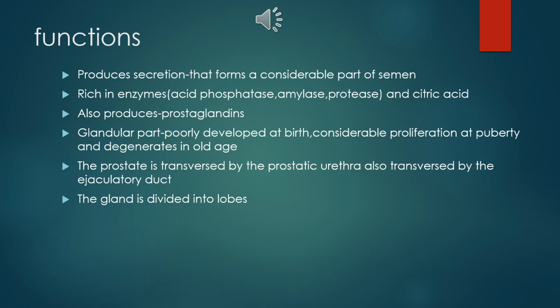The glandular part of the prostate is poorly developed at birth. Considerable proliferation is seen at puberty, and it degenerates in old age. The prostate is traversed by the prostatic urethra and also by the ejaculatory duct. The gland is divided into lobes.